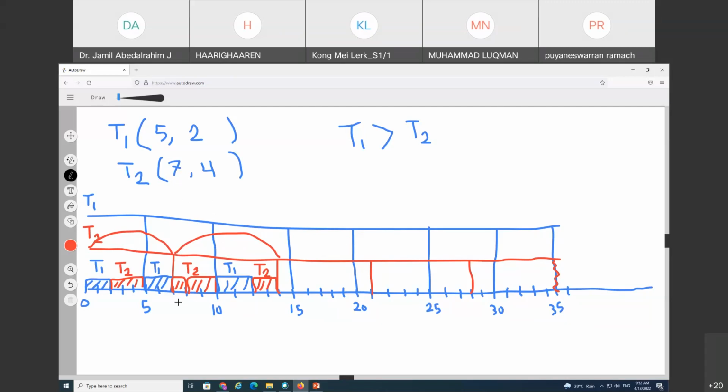We execute 5. This is 1, this is 2, and this is 2. So the total is 5. But in the given question, we need to execute only 4 each period, correct? Yes. So how do we execute 5 here?